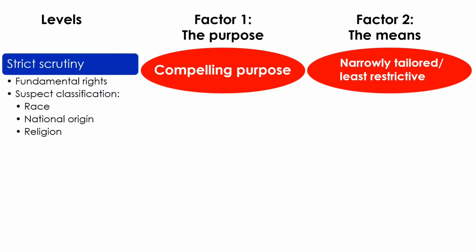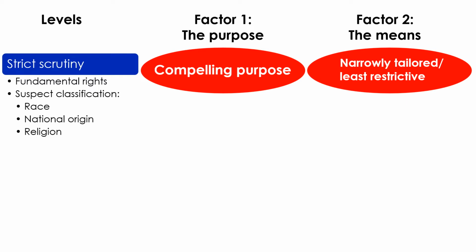For a court to apply strict scrutiny, the government must have passed a law or implemented a policy that infringes upon a fundamental right. Fundamental rights are a group of rights that have been recognized by the Supreme Court as requiring a high degree of protection from government encroachment.